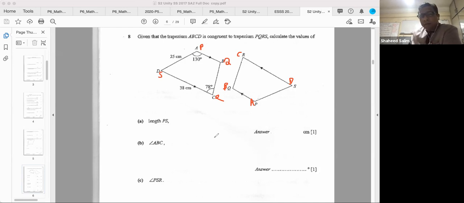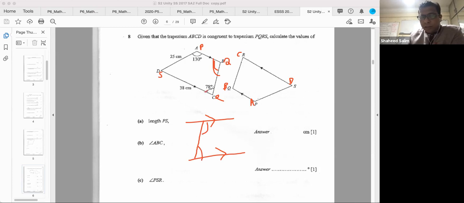Angle ABC, this one. Is it 1/6? Okay. Now, when you have two parallel lines and then we draw a line, these two angles will add up to 180.